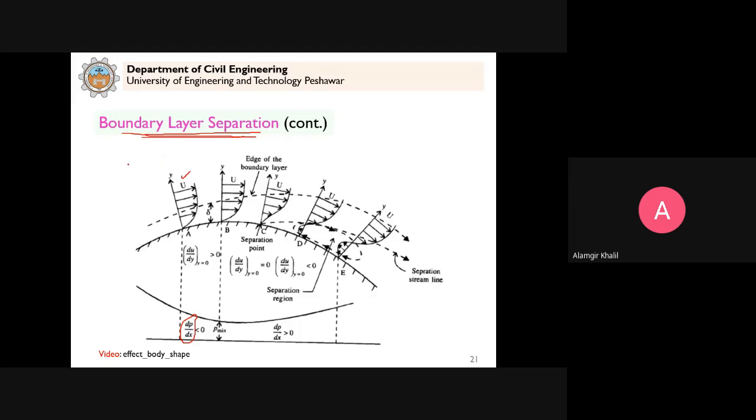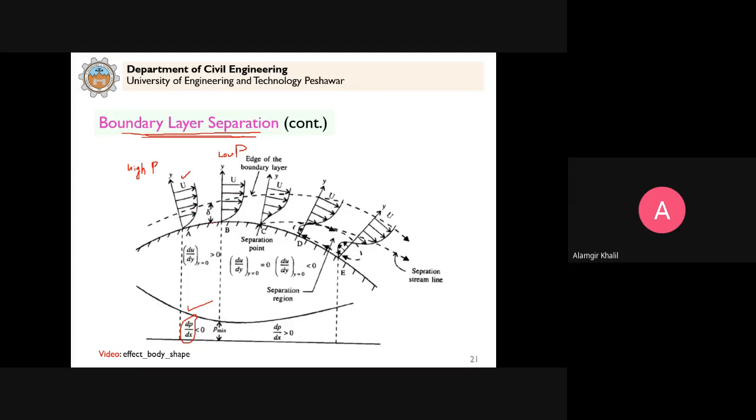So we have high pressure here, and here we have low pressure. This is what we call a favorable gradient for flow to occur, because the flow occurs from high pressure to low pressure, clear?